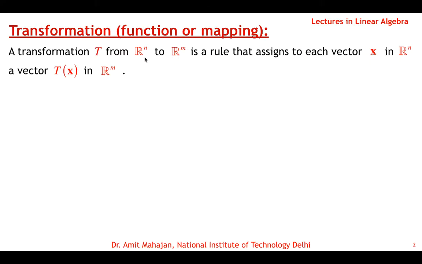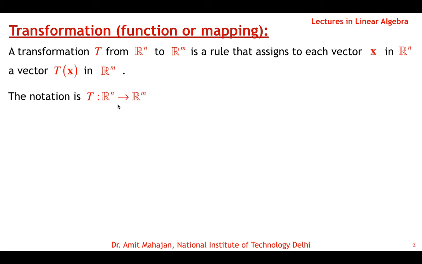So it's like a function: you take any input variable, and the transformation takes it to the output. The notation for this transformation is that T maps Rn into Rm. Clearly the vector x which comes from Rn will be the input vector, and then the transformation takes it to Tx, which will be in the output, in the Rm space.